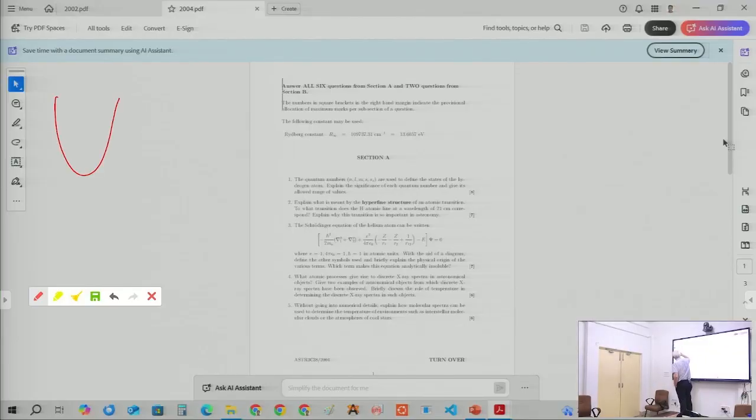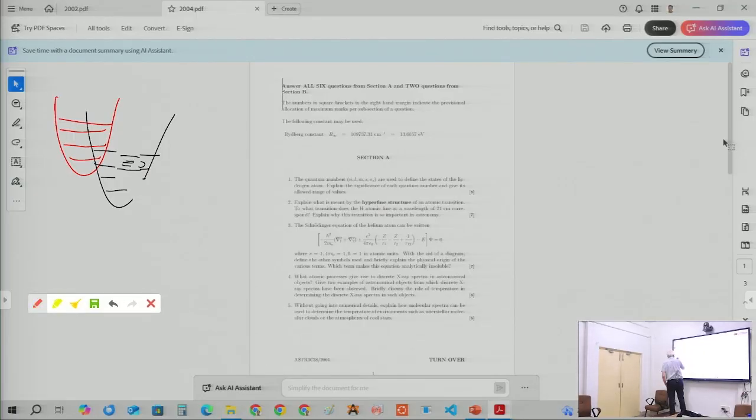You have an electronic state with vibrational levels in, and then you have another electronic state with vibrational levels in, and then they have sublevels which depend on J. And if they have the same J and parity, they can then interact. And what happens is that they actually push each other apart.